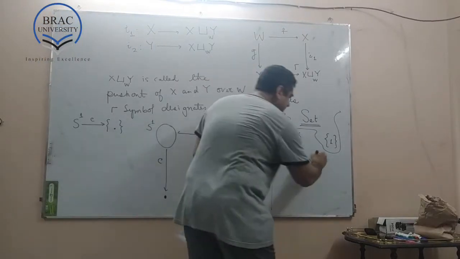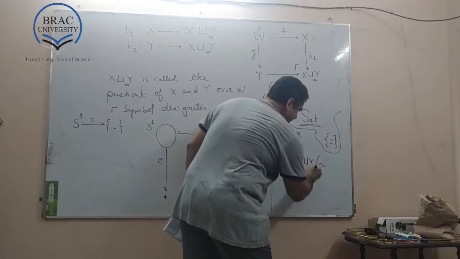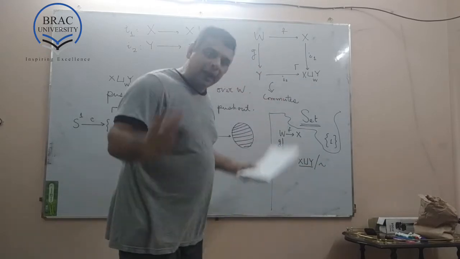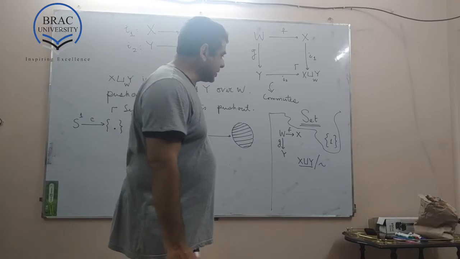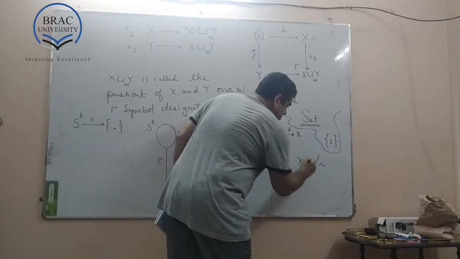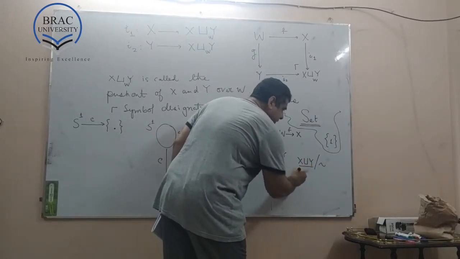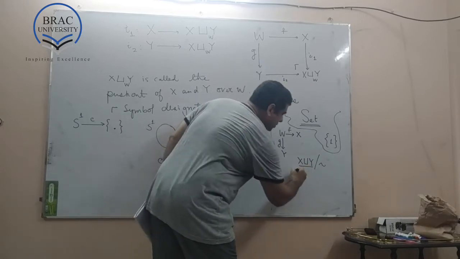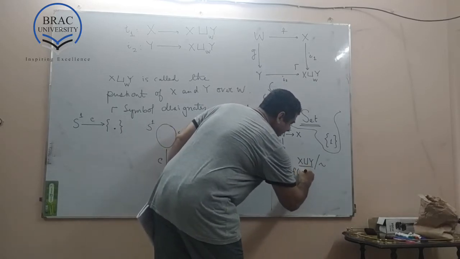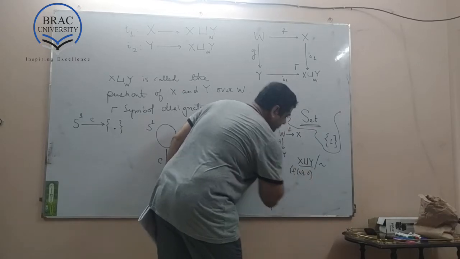I've got to take the quotient of the disjoint union by some equivalence relation, and the relation was so: if we take two pairs from here, one is (f(w), 0).